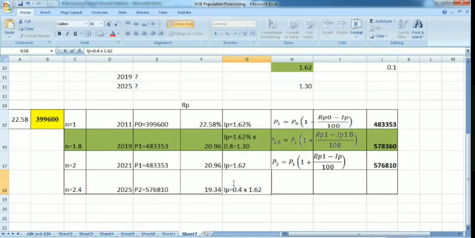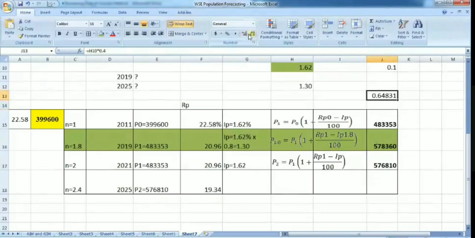That means I am going to get 0.648, so let us say 0.65.